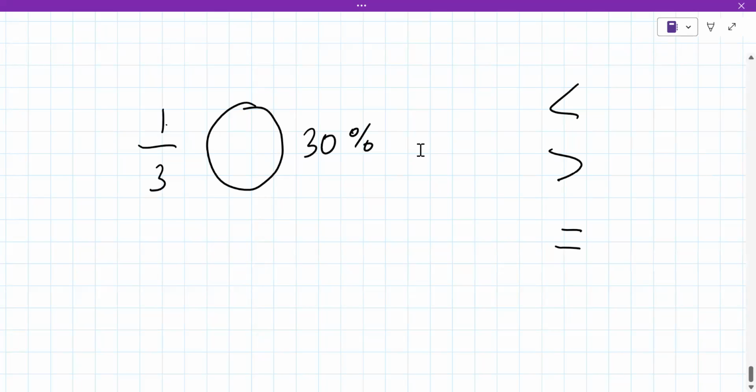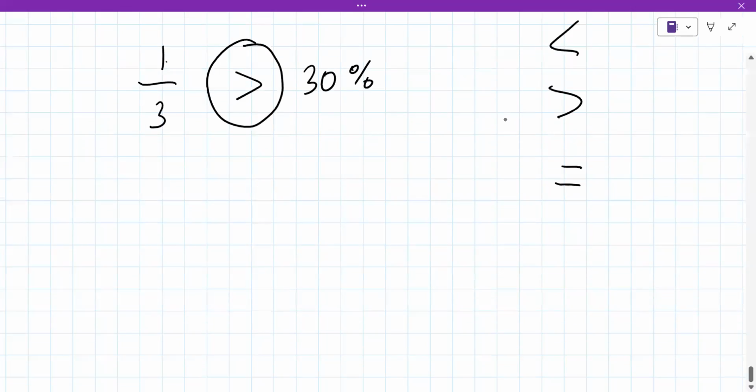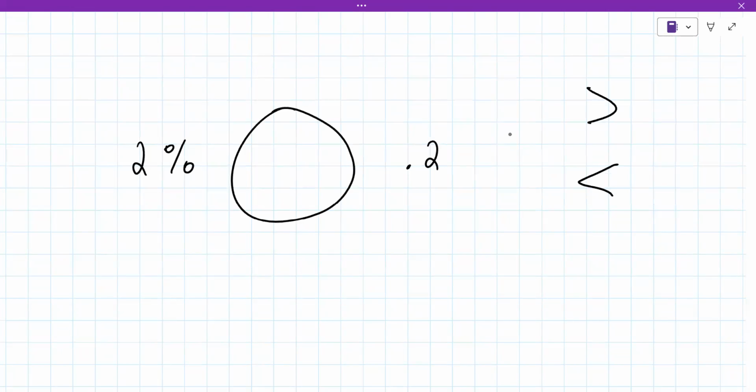The 1/3 would be larger, so B. Let's try another one here. 2%. 0.2%. Sorry, B. B. Good.